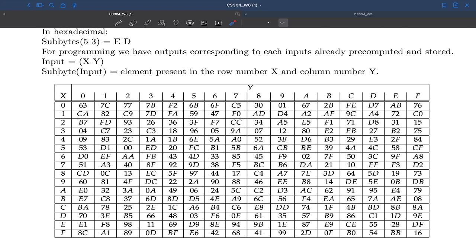You will get the answer of sub-byte in O(1) time, very quickly, from the programming point of view.